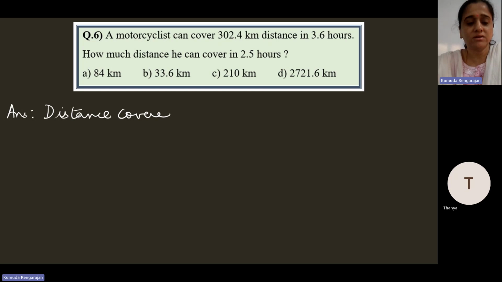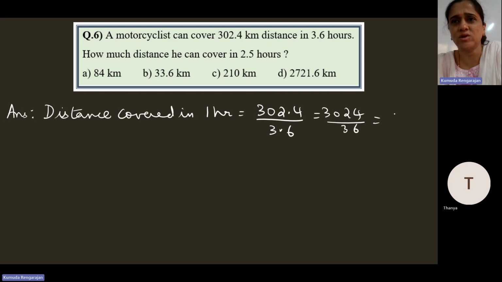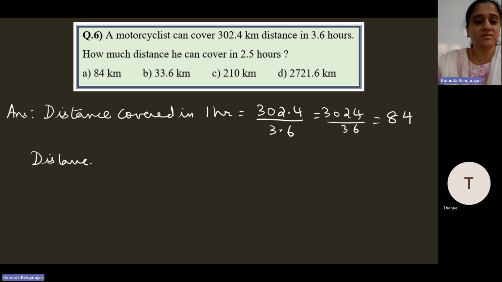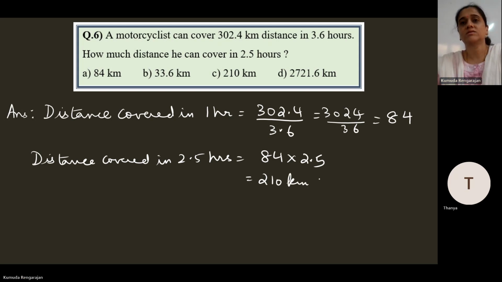So the distance covered in 1 hour will be 302.4 divided by 3.6, so 3024 by 36, which we simplified and we got 84. Now, the distance covered in 2.5 hours will be 84 into 2.5, which is 210 kilometers. Right?